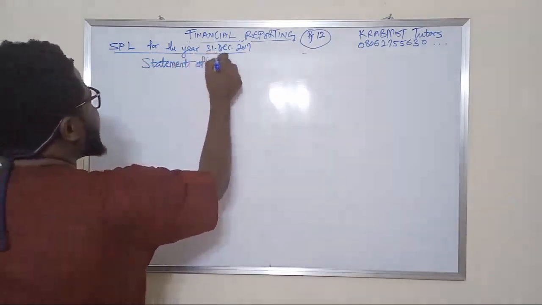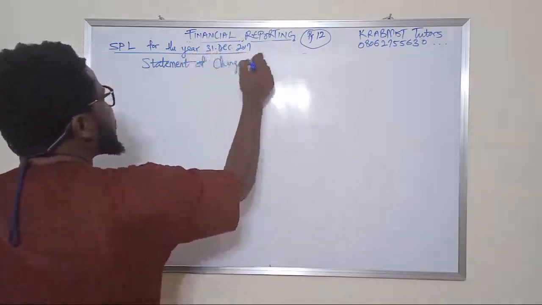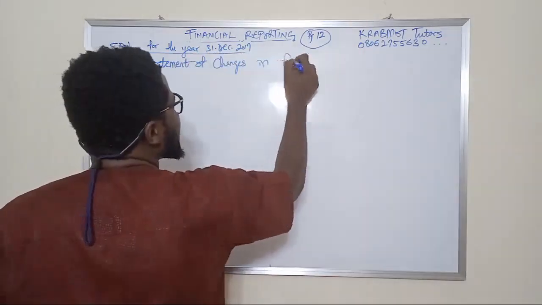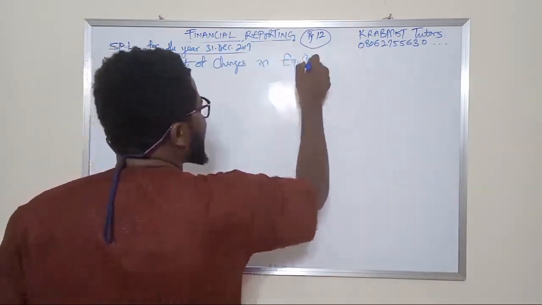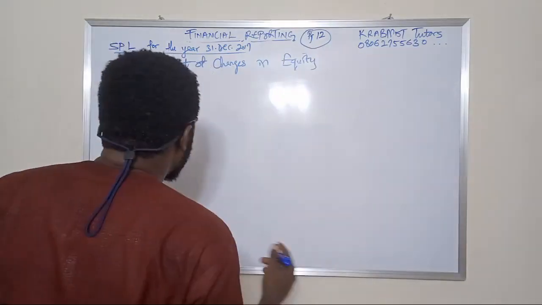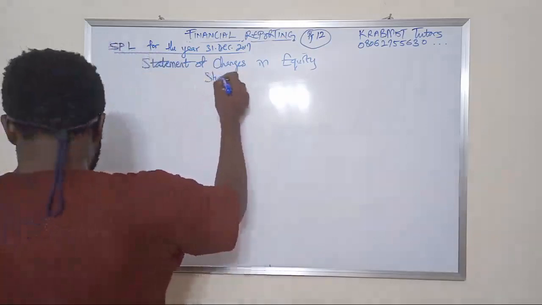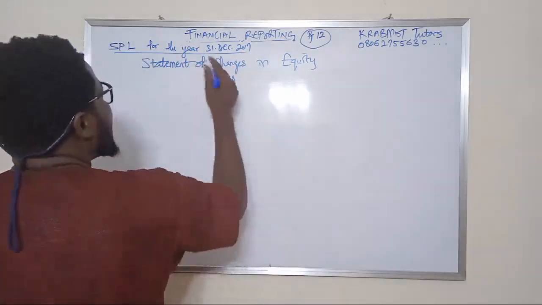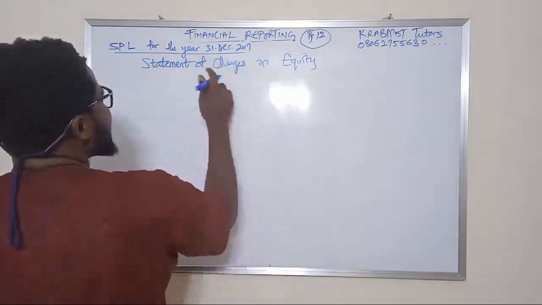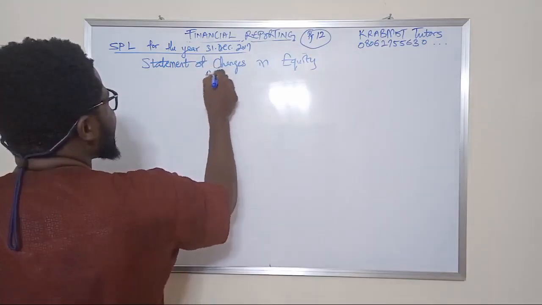Statement of changes in equity. So you have the shares. Don't just say shares, because there can be preferred shares. This is equity shares.